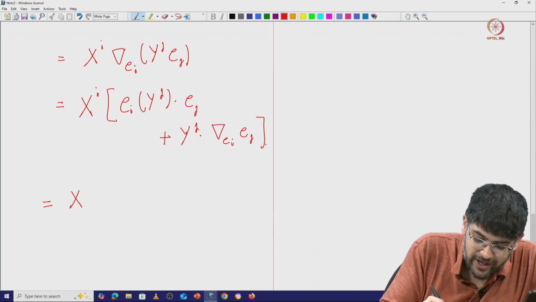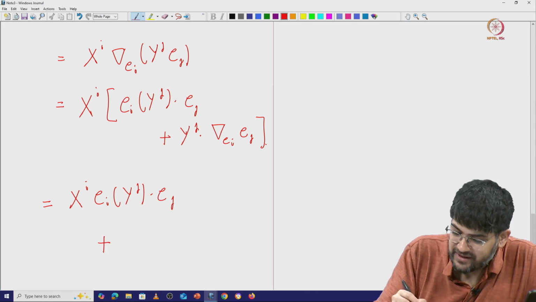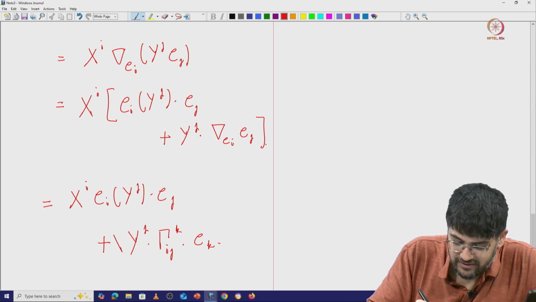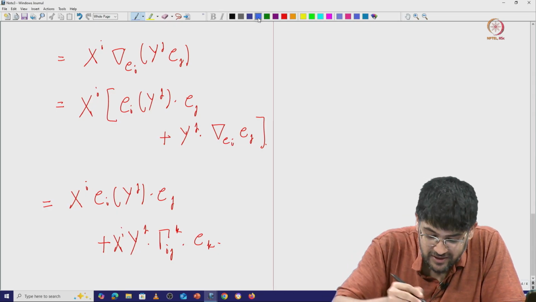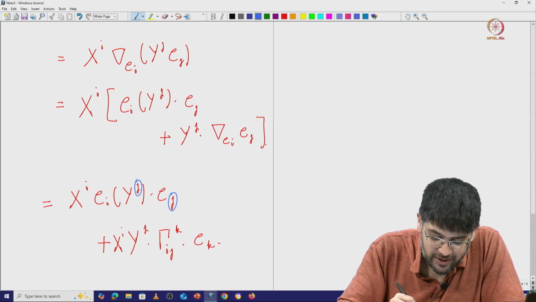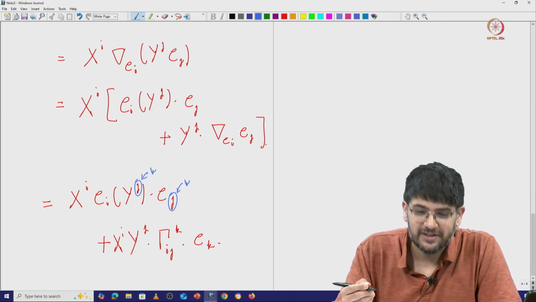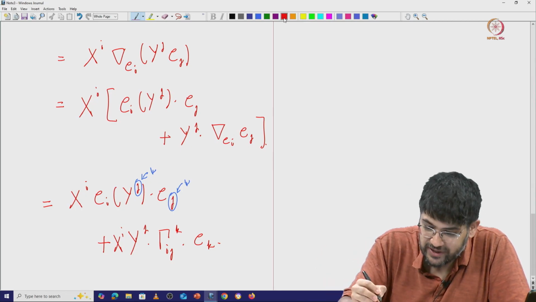Okay, so that's going to be Xi times EI applied to Yj times Ej plus Yj gamma Ij k times Ek. Now if I want to pull out an Ek common, I just change this variable and this variable to a k, right? They're just variables in a summation, so I can always use whatever letter I want for those variables.